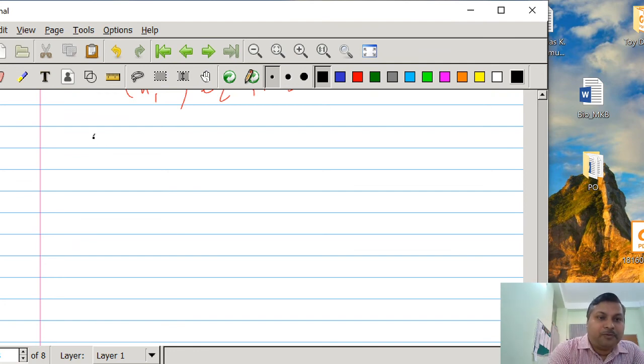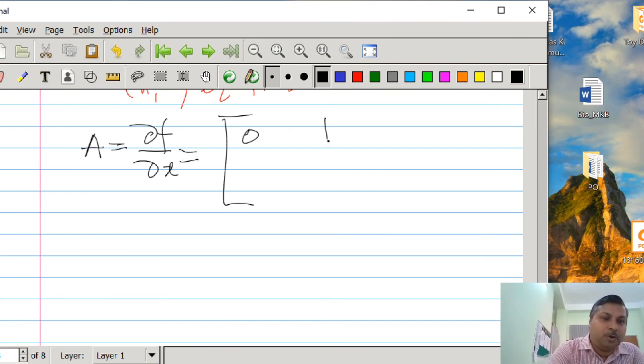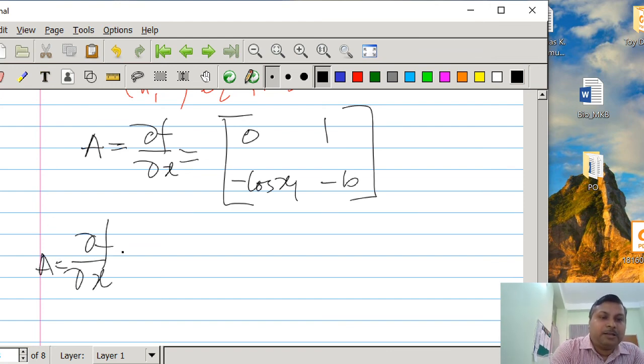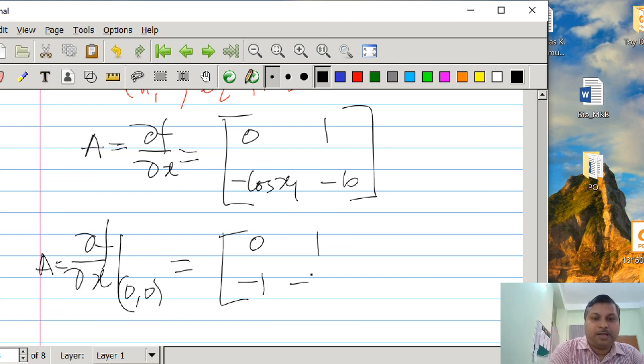So in Lyapunov first method, we have to compute del f by del x. If you compute that, it comes out as 0, 1, minus cos of x1, minus b. And if you compute that del f by del x, A, for the 0,0 equilibrium point, this matrix will simply be 0, 1, minus 1, minus b.